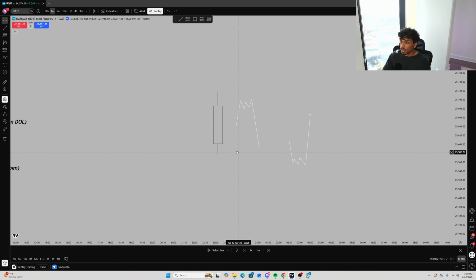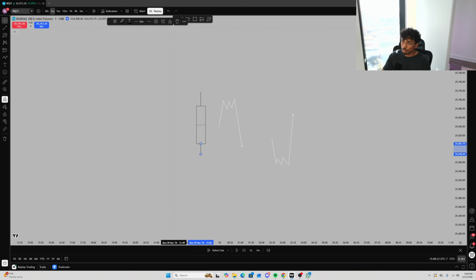With that being said, if we ever have a daily candle that opens with no wick on one side, we want to see this happen essentially, where we're targeting the opposing side, we're targeting this open, which is called a Devil's Mark, where we put a wick on the opposing side. It's the same thing on the other side as well, where we open lower and we're trying to see a wick on the other side.